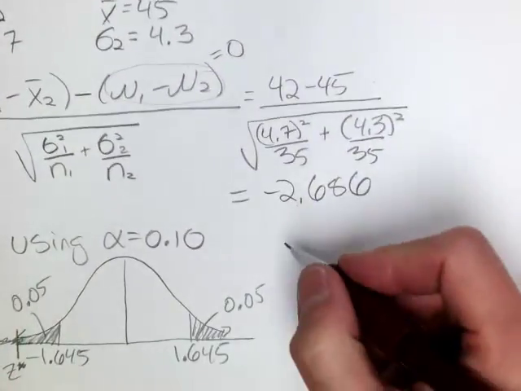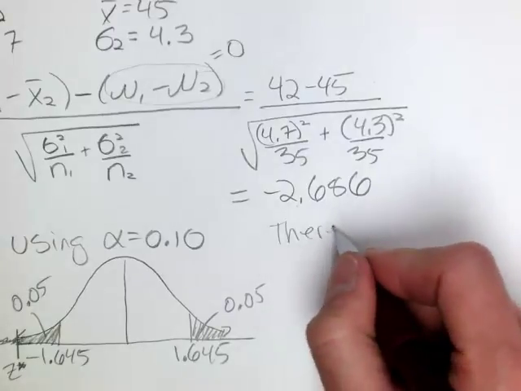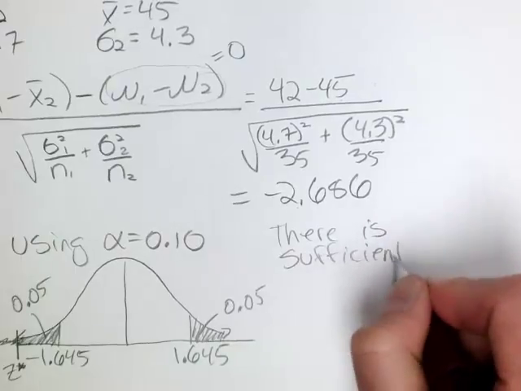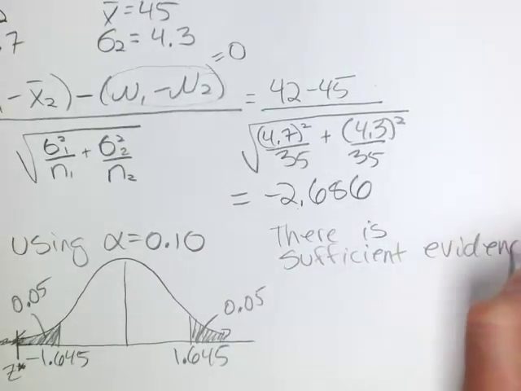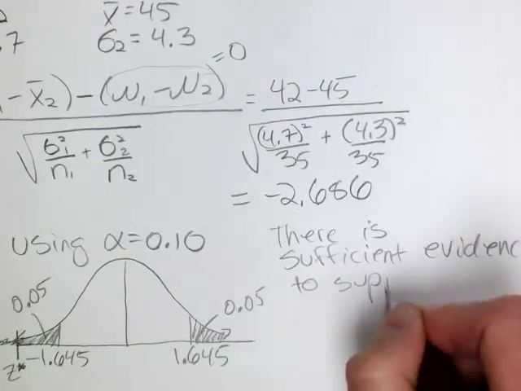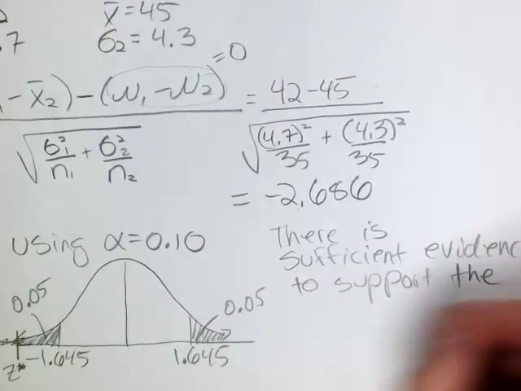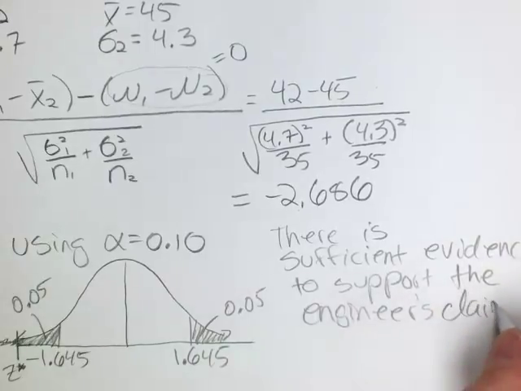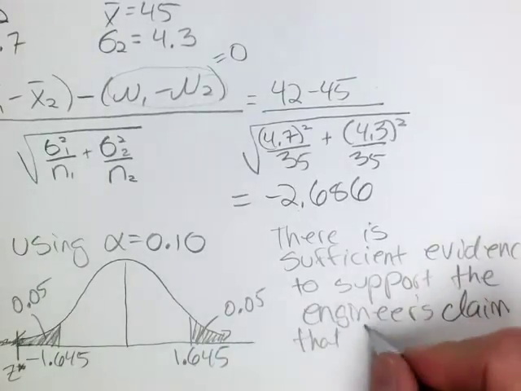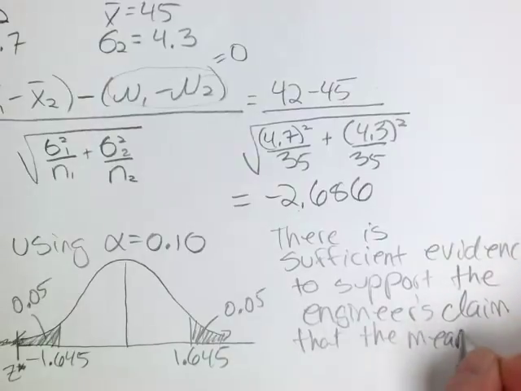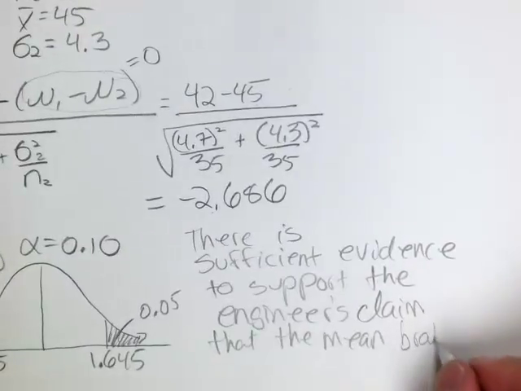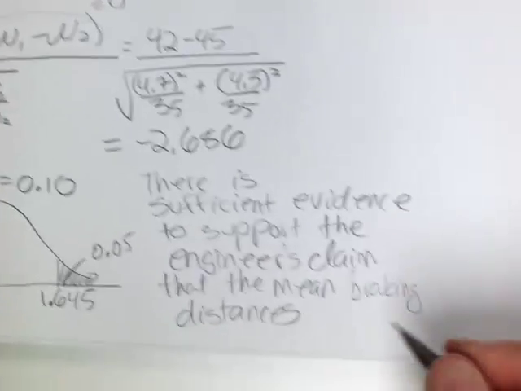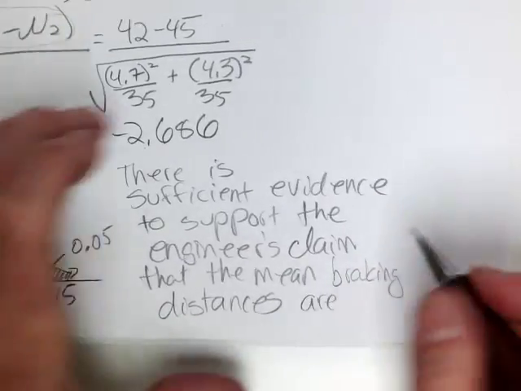To answer the question, there is sufficient evidence to support the engineer's claim that the mean braking distances are different.